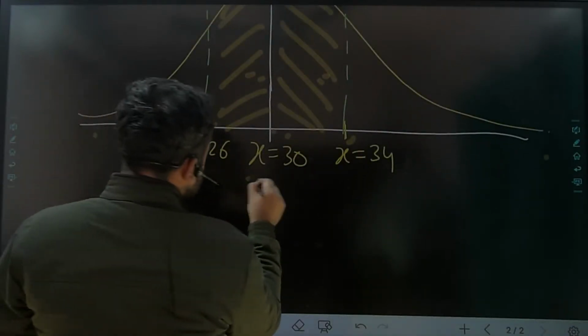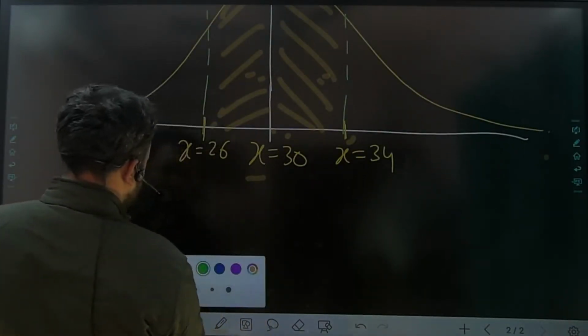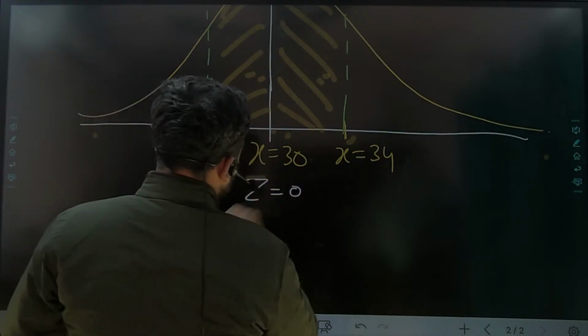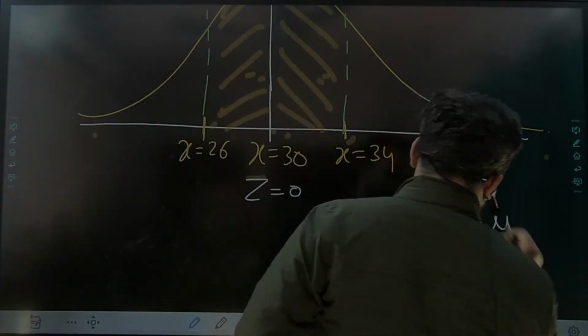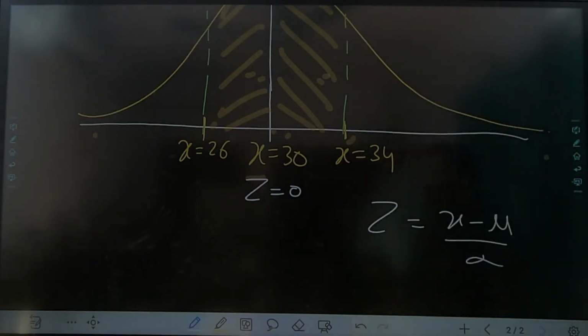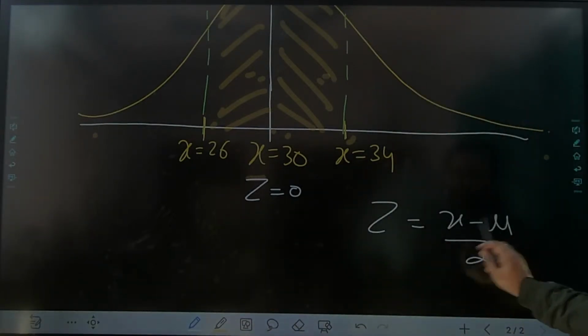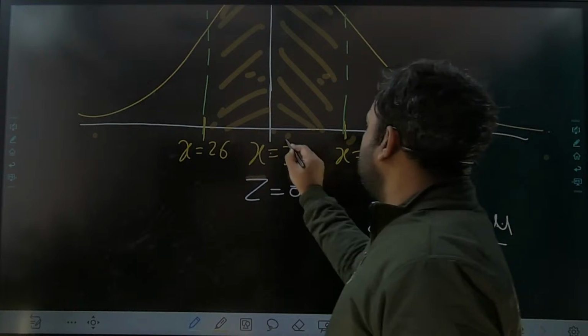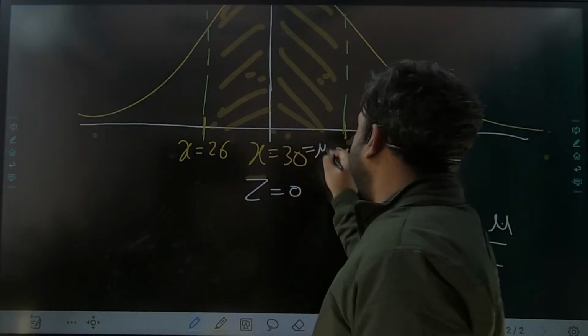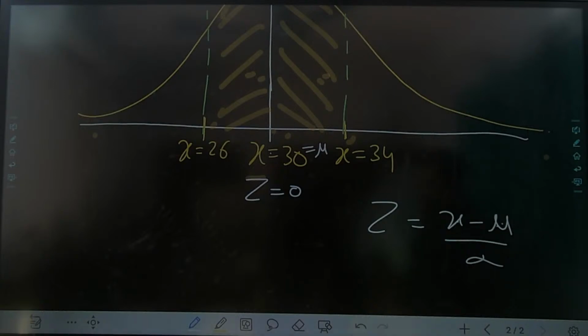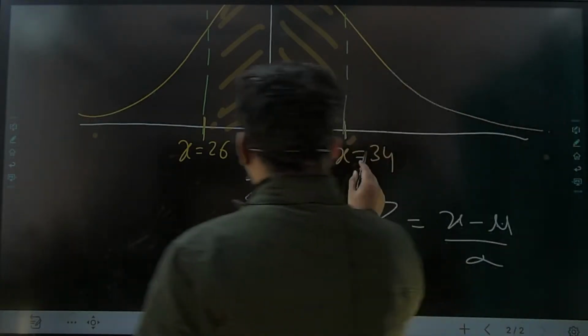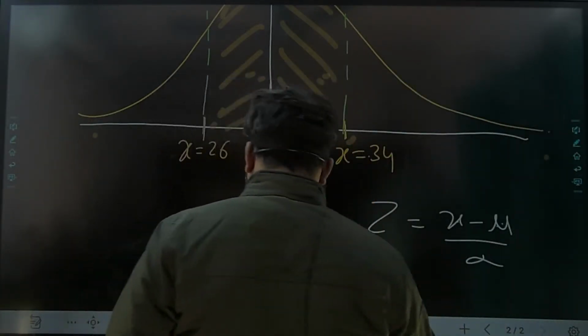We know that for the mean value, z will always be 0, because z is defined as x minus mu upon sigma. When x is equal to mu, that is basically the expectation only, so you will have z equal to 0. So let us see what the z-score is for 34 and 26.